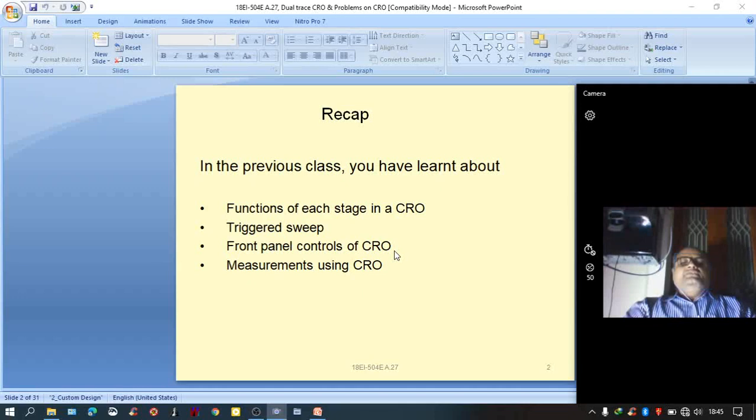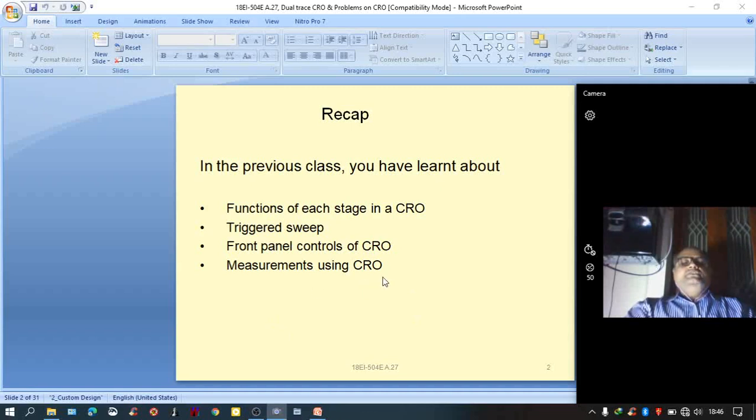Then vertical amplifier controls we have seen to increase or decrease the gain of the vertical amplifier, and also to make the electron beam move up and down on the CRT screen. And trigger controls are used to provide either internal trigger or external trigger or trigger signal from supply mains.